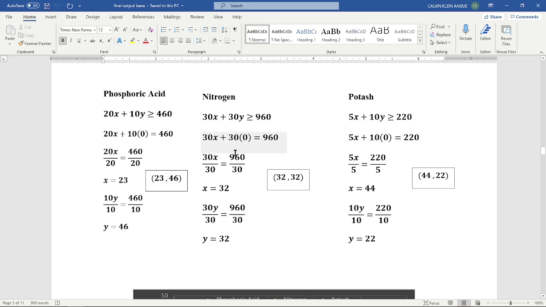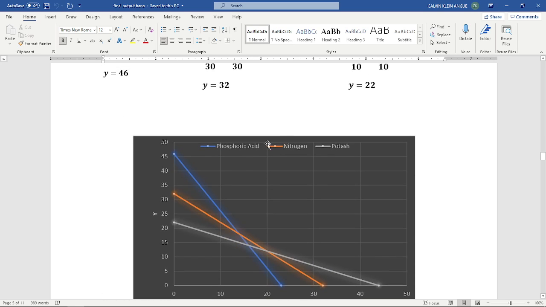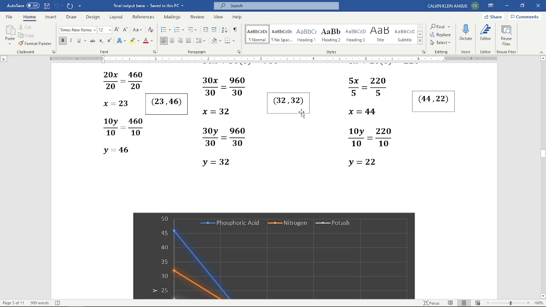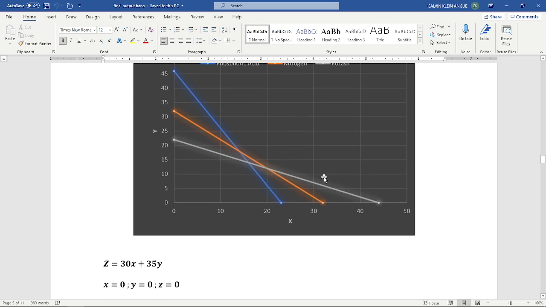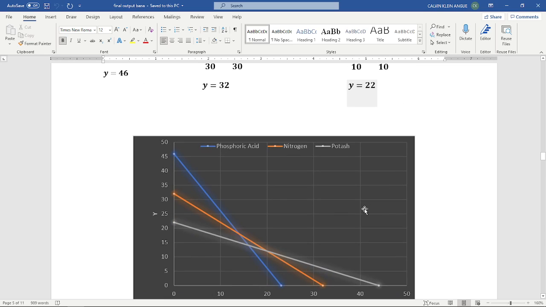You just need to change the variables of x and y into 0. So for the phosphoric acid, it's 23 and 46. For the nitrogen, 32, 32. For the potash, 44 and 22.